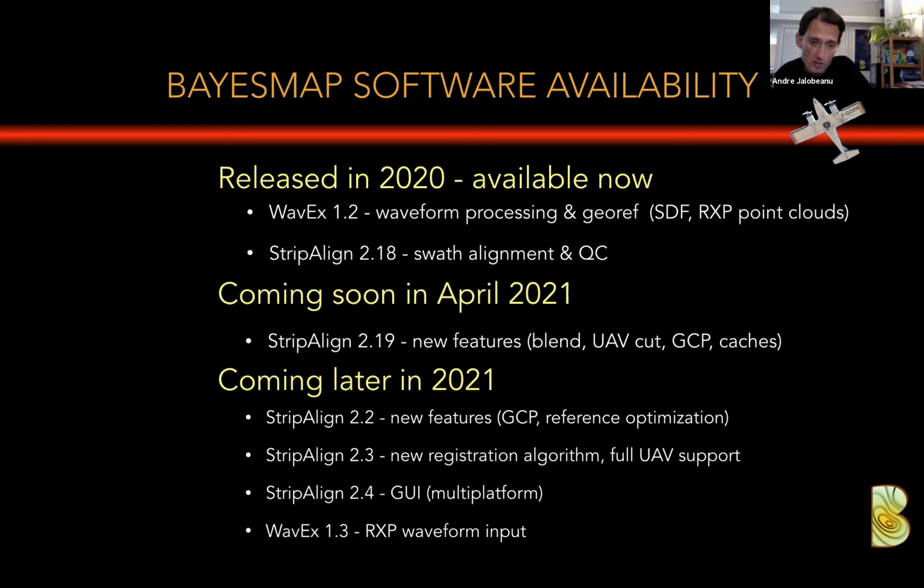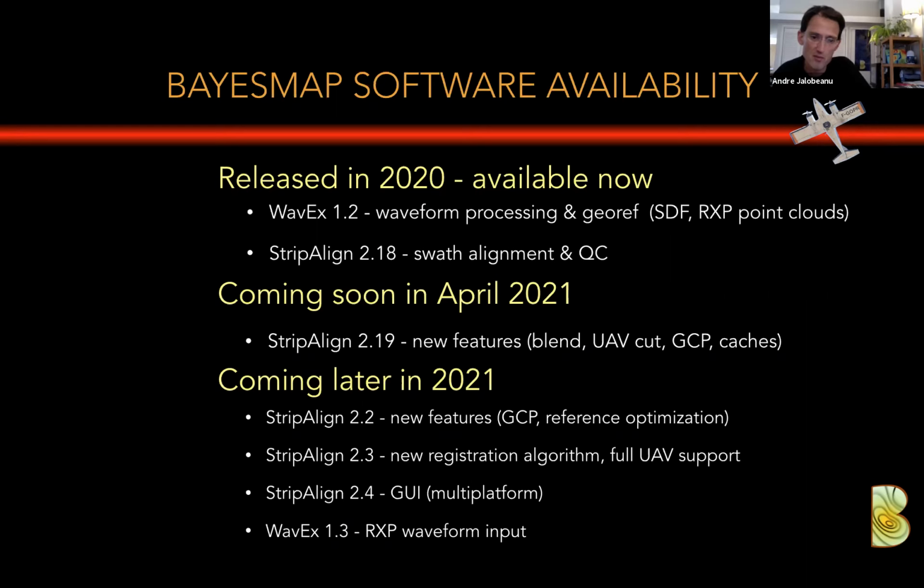Later in 21, we're going to add new features. Some reference data optimization and client requests. That's in 2.2. In 2.3, we will introduce our brand new registration algorithm with full UAV support. And in 2.4, we will have a graphical user interface that will be multi-platform, mostly for people who've never used the software.